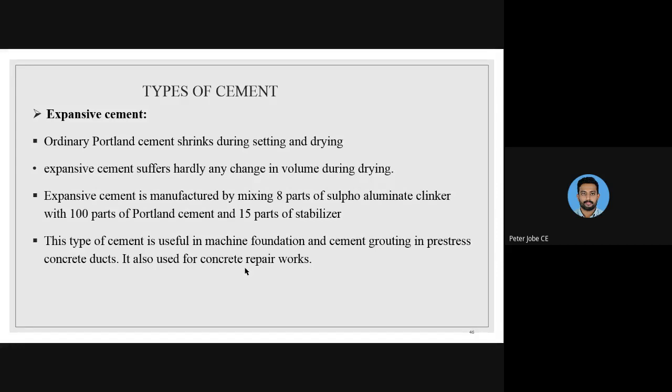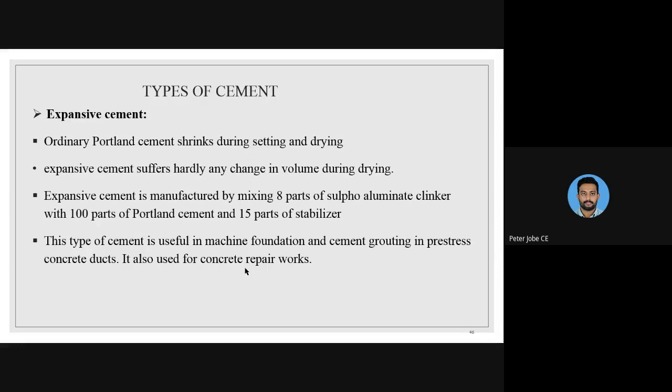This type of cement is useful in machine foundations and cement grouting in pre-stressed concrete ducts. It's also used for concrete repair works. In repair works, if there's some crack, we will use this expansive cement to close that crack. Even after setting, the cement volume won't get reduced and the crack will be fully closed.